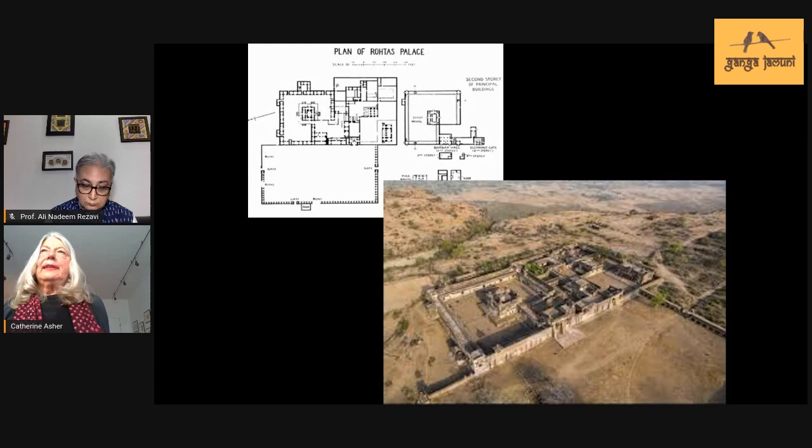Just to give you an idea of the scale and scope, you see an aerial view here, and then you can see the plan. The only part that I'm going to really be talking about is that long facade that you can see. You can see that there's a kind of courtyard in front of it. That would have been a public audience hall, okay?